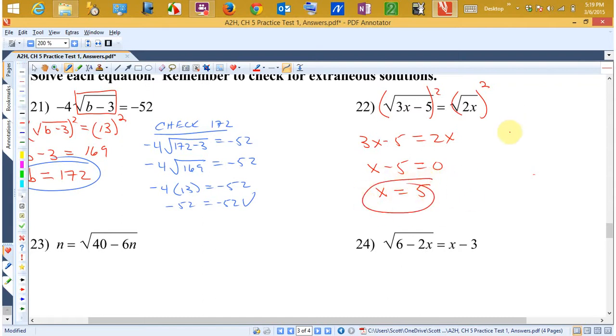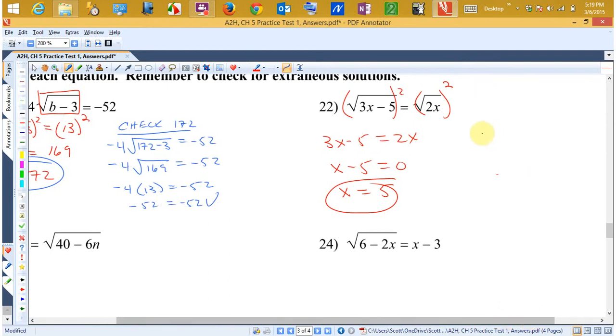Okay, I'm going to check that. So I've got the square root of 3 times 5 minus 5.